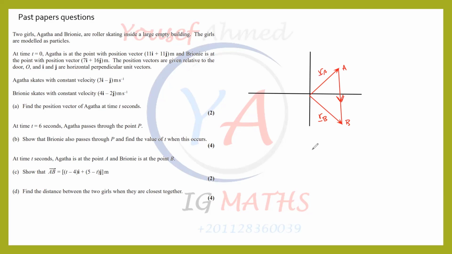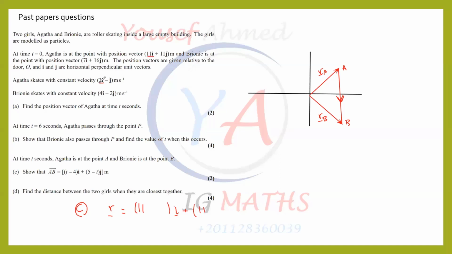We just got in A the position vector for Agatha. It was R is equal to, we have here 11 plus 3t in i direction, plus 11 minus t in j direction. Sorry, I just took the other position vector.